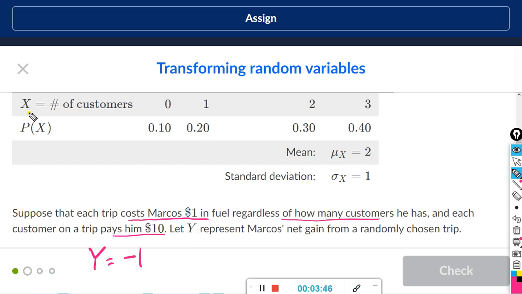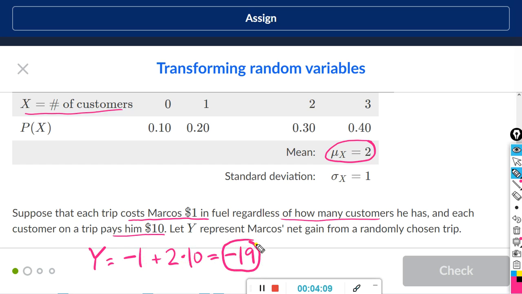X is the number of customers. The average number of customers is 2. Each one pays him $10, so it's going to be plus 2 times 10, because there are 2 customers and each one pays him 10. So minus 1 plus 20, that's going to be minus 19.